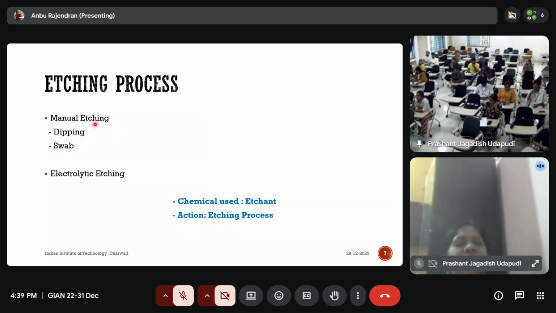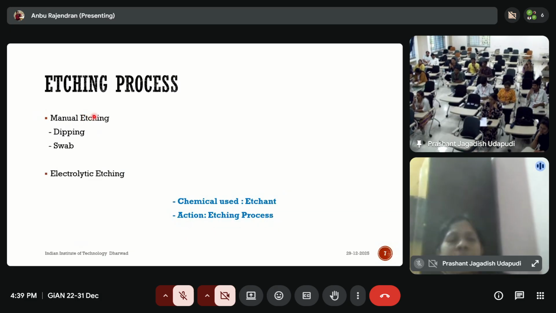Okay, so the etching process can be done in two ways. One is manual etching, and the other is electrolytic etching. In manual etching, you can directly take your chemical, dip the sample into the etchant, allow it for some time, take it out, dry the sample, and look for the features.